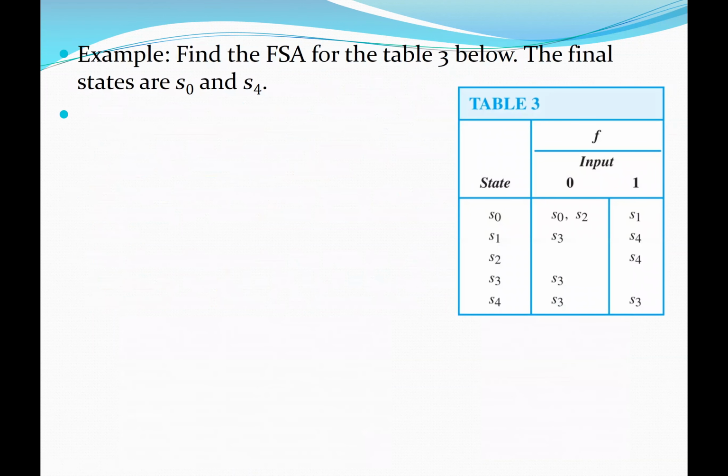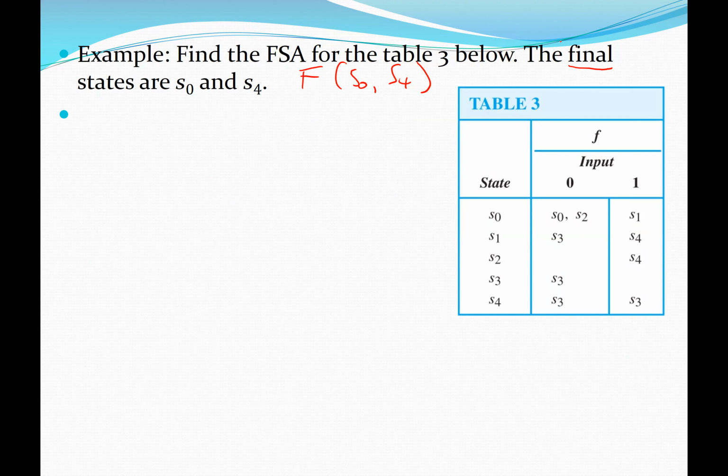Okay, so here is another example. You can see here that they tell you the final states are S0 and S4, or you can see the recognition, like when they tell you F, like {S0, S4}. So that's the indication of the final states, okay? That's the notation of that. All right, so now we have 5 states, S0 to S4, and S0 sends 0 to itself and S2.